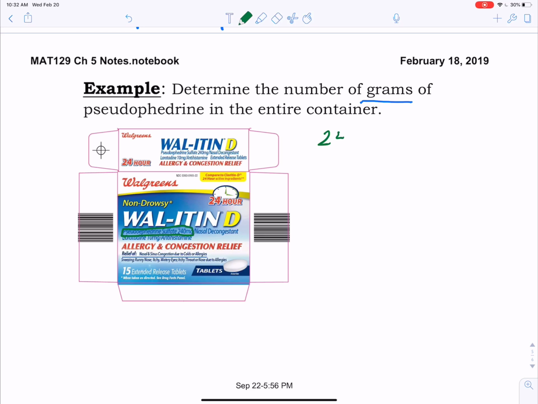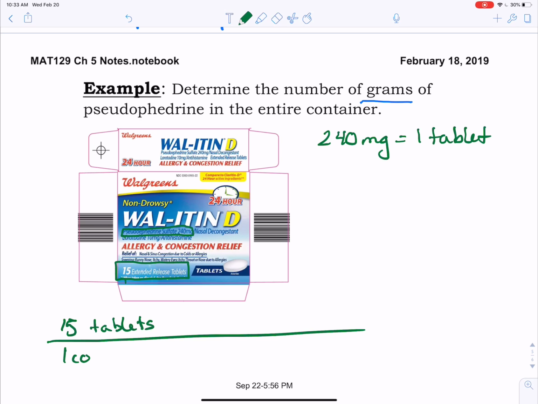And we know from our knowledge of drug labels that that's how much is in one tablet. And if we look here, there's 15 tablets in the container. So I'm going to start out with 15 tablets per one container. And then I'm going to say that in one tablet, I know there's 240 milligrams.